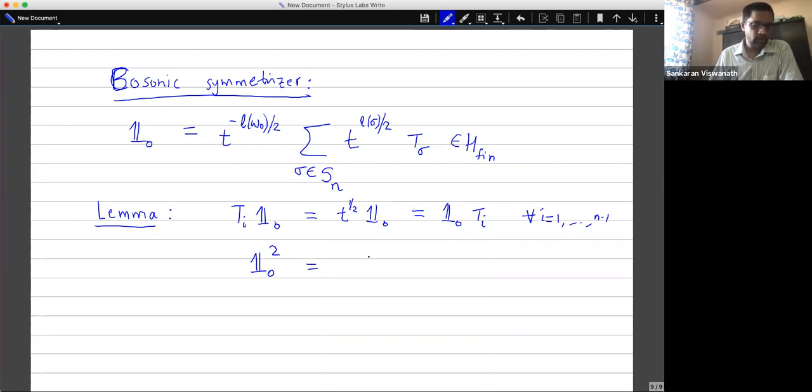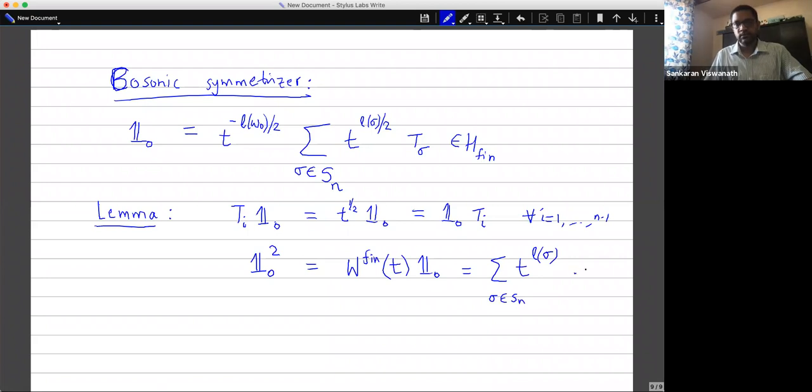So 1 naught squared is, I guess there is probably some power of t somewhere. What does this give you? This gives you the Poincare polynomial of Sn. The Poincare polynomial, recall, is just the length generating function, the sum of t to the length of sigma for sigma in Sn, times 1.